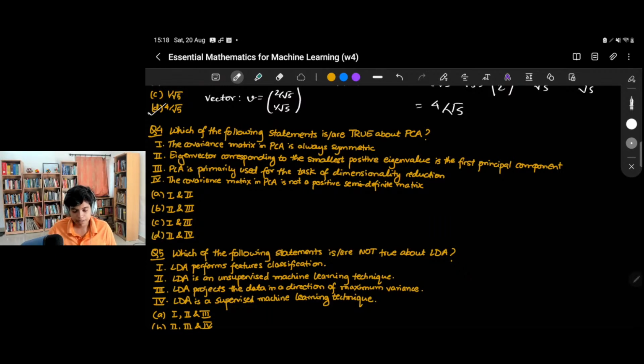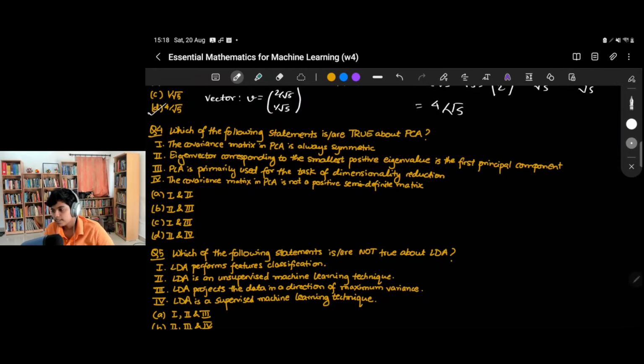Then they have written that PCA is primarily used for the task of dimensionality reduction. And the fourth statement that they have given is that the covariance matrix in PCA is not a positive semi-definite matrix. So these are the four statements they have given over here, and we need to select which of these statements are true.